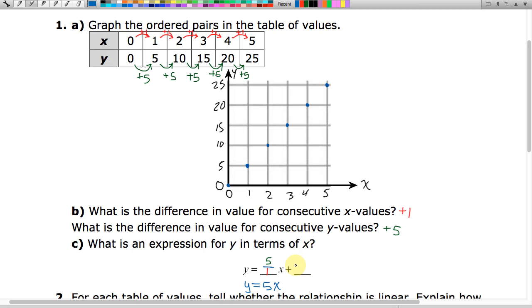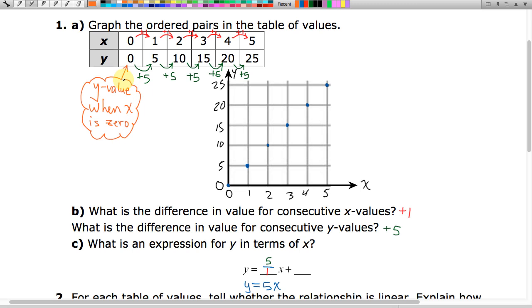Now sometimes there's a plus something else. Now there isn't anything else here, and that's because in this particular case we've got a y value, the y value here when x is 0 is also 0.